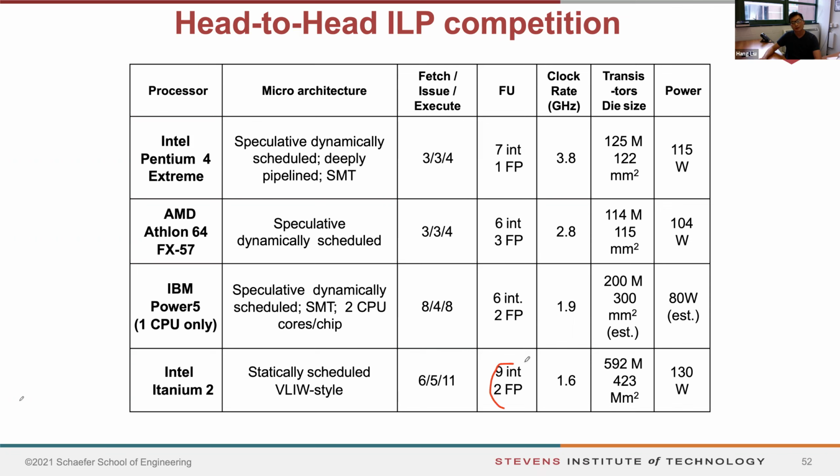This one's the most, right? Clock rates. This one is the highest because it's a single core. And then total transistor size, so this is space constraint: 125 million, 140, 114 million, 200 million, 592 million, and the power. This one also consumes the most because it has the most transistors and space consumption.